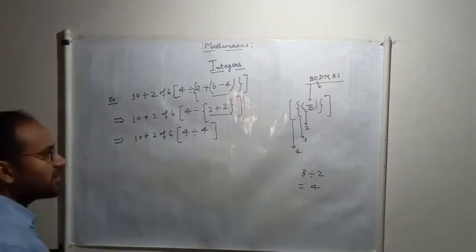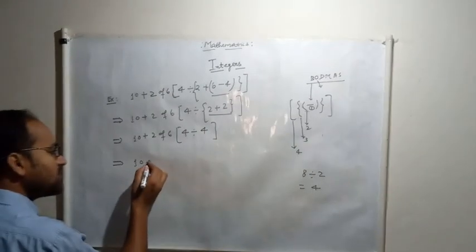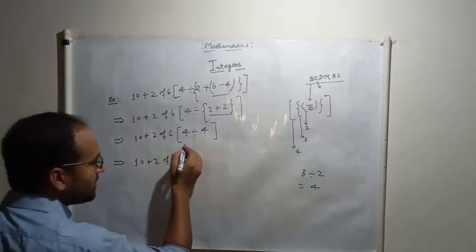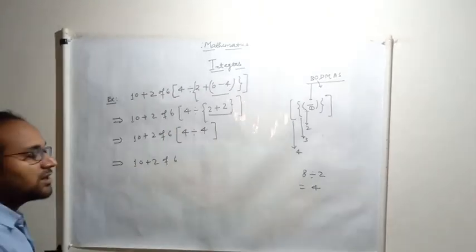Close this square bracket and the curly bracket will be removed. 10 plus 2 of 6, and if there is no sign, it means there is always a multiplication.